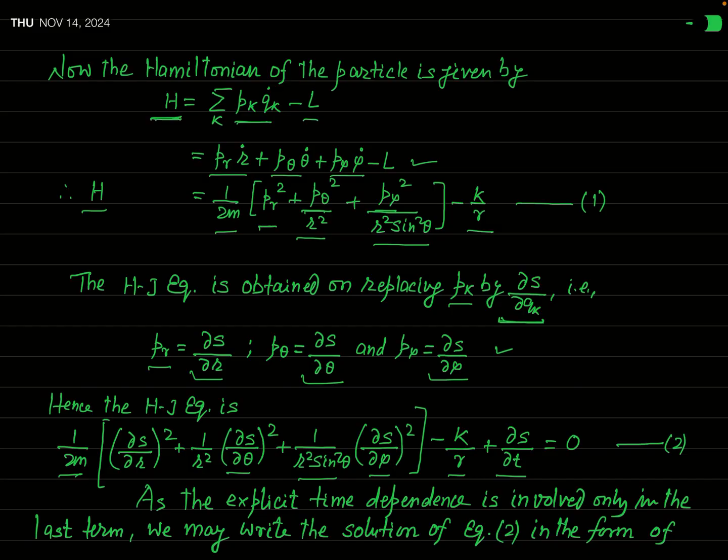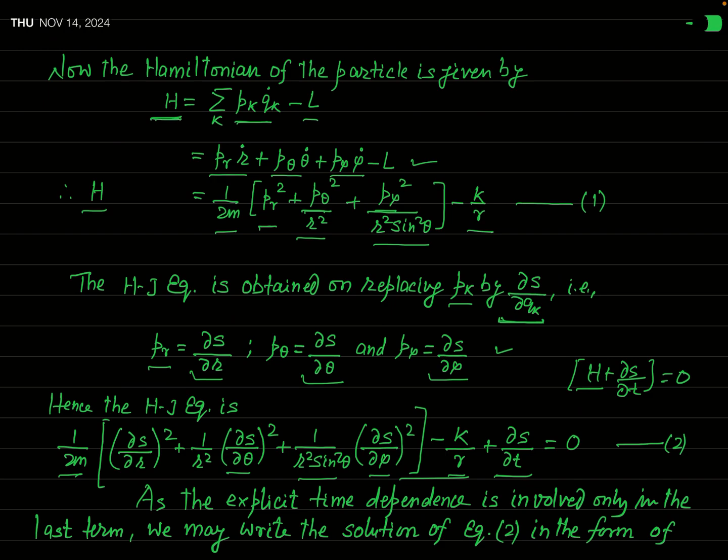Because this is how we write the HJ equation: H plus del S by del T equal to 0. Here, instead of H, we have written this expression, and then del S by del T. This is the HJ equation.